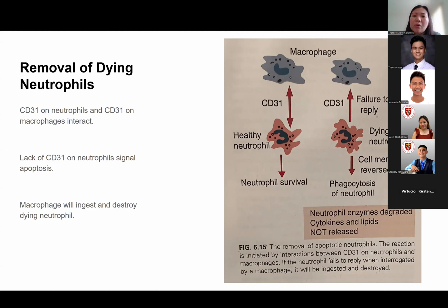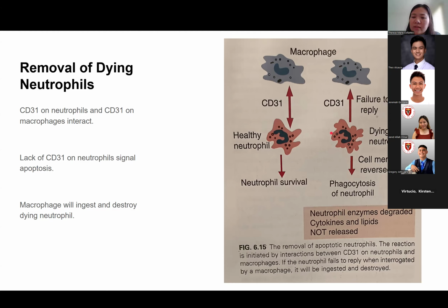Once the CD31 of the neutrophil interacts with the CD31 of the macrophage, then the macrophage knows that this is a healthy neutrophil and I'm going to leave it alone. So, it leaves.